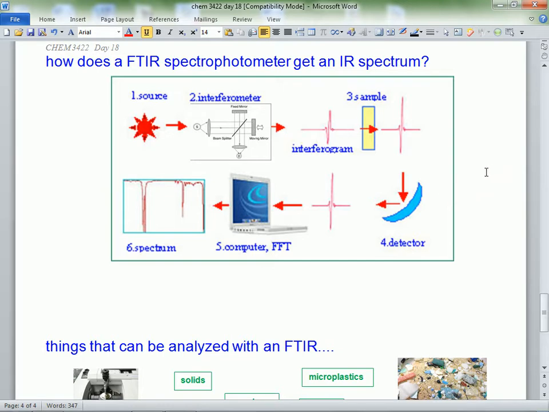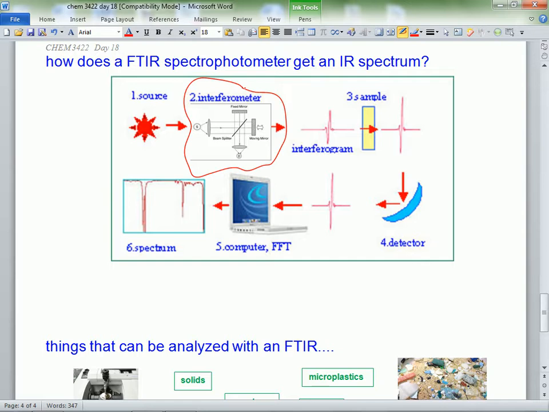So how does an FTIR spectrophotometer get an IR spectrum? You start with your light source, pretty much a glow bar, and then it goes into an interferometer, probably one of the most sensitive instruments available. You're going to make a Michelson interferometer in lab.